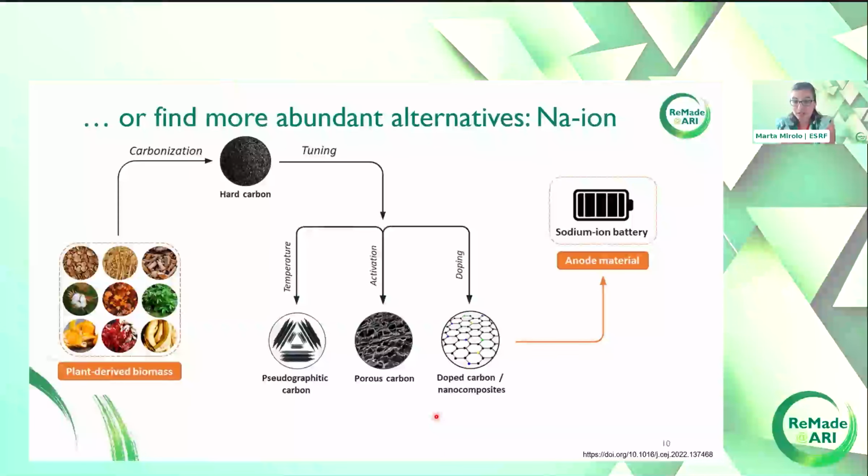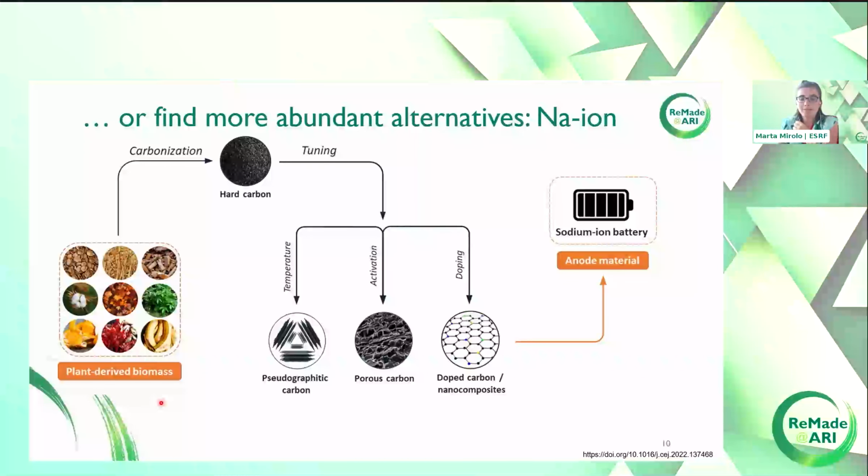But it also has the advantage that we are not using graphite. Graphite is the anode of choice for lithium-ion batteries. In sodium-ion batteries, graphite doesn't work, which is excellent news for us because we can use hard carbon. Hard carbon is a sort of disordered carbon, which can be produced from plant-derived biomasses.